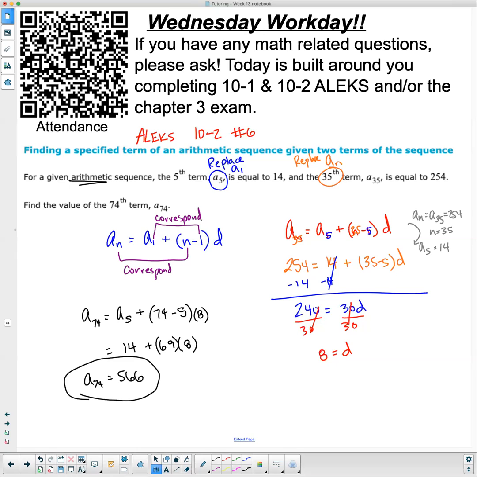Okay, so I did some calculations on this. What I could have done faster using the calculator is right over here in orange. If you did not want to go through this work, I could type in that orange equation: 254 equals 14 plus 35 minus 5 times d. Whenever you're using the calculator to solve, don't use any letter other than x, so I put an x there. You can see the answer is going to be 8.